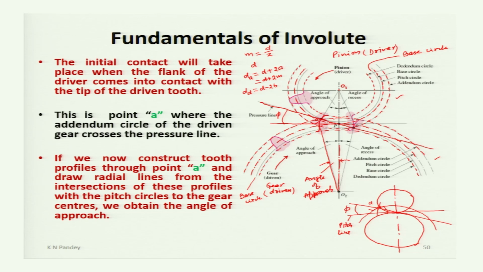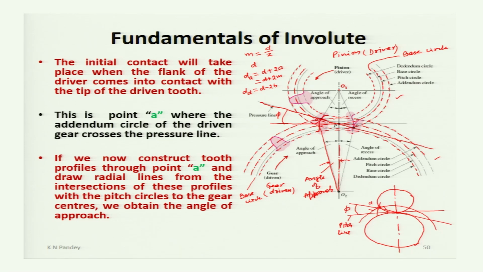Now, from B point, if gear tooth profiles are made on the driven gear and the driver gear, then the profile of the driven gear intersects the pitch circle at a certain point.